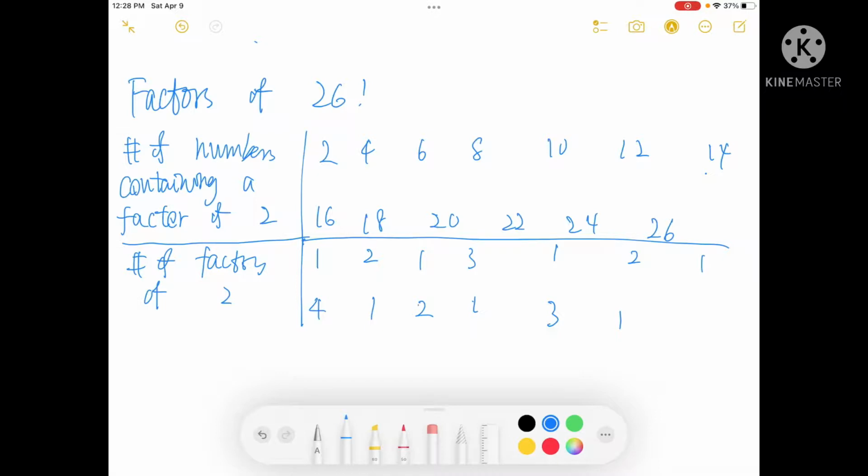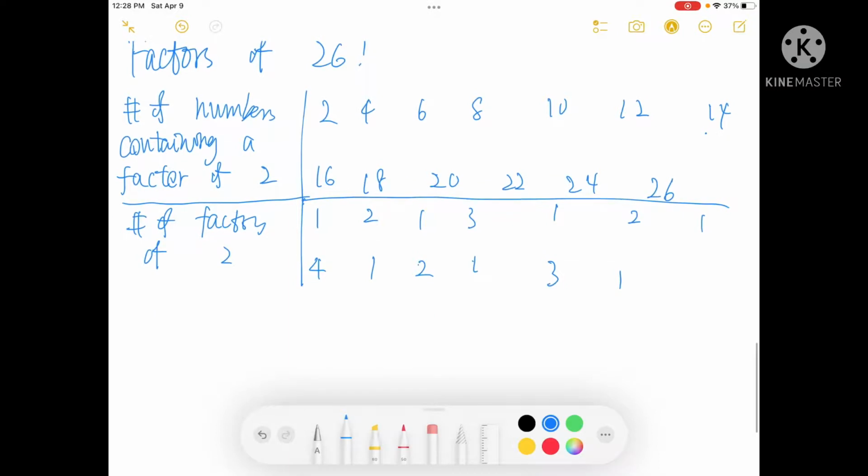Let's double check if I got it right. Yeah, so we can add them up. There's a total of 23 factors of 2.